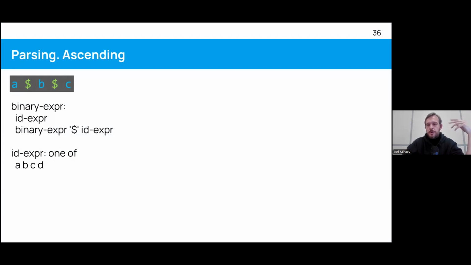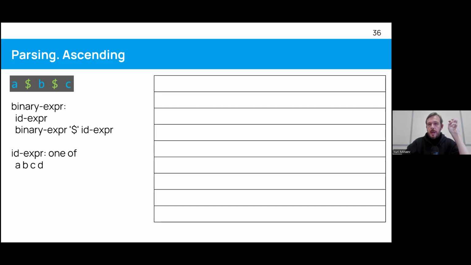I'm just going to show you on the example of a binary. So what we do, we move our lexer left to right, and we consume tokens from the input. The first token will be A.